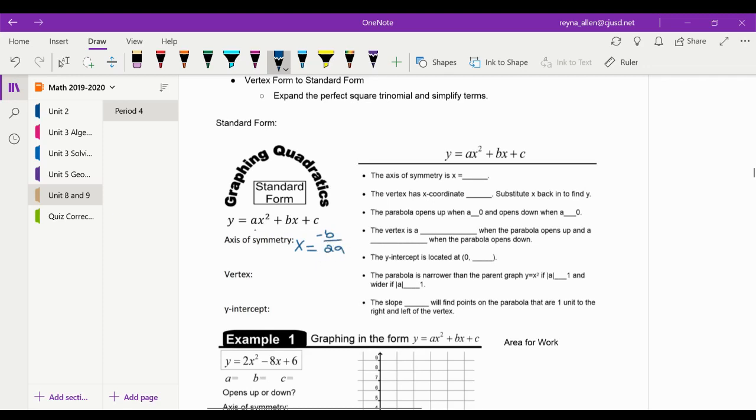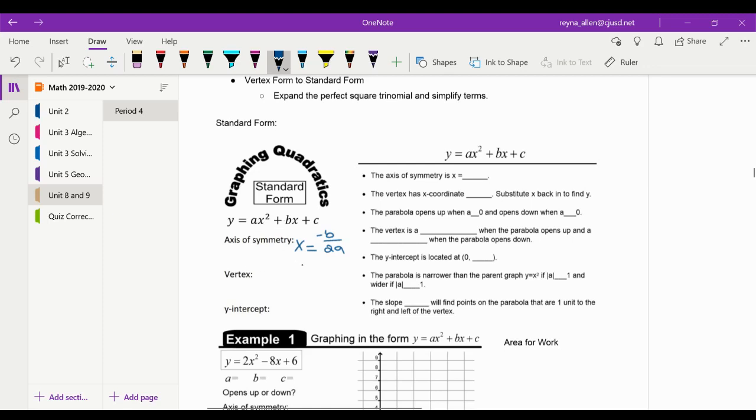So that's calling back to ax squared plus bx plus c. So if I wanted to find my axis of symmetry, I would take my second number, make that negative, or do the opposite, divide that by 2 times whatever your a is.